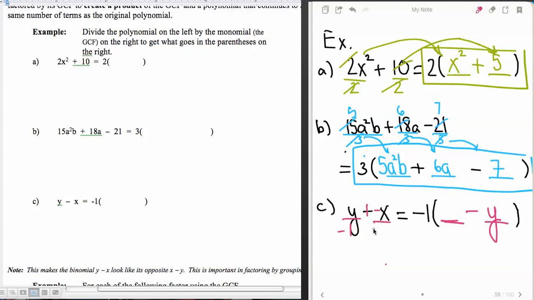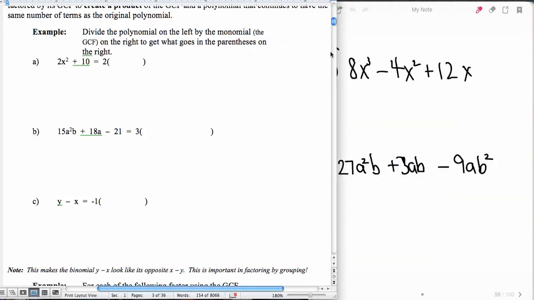Then -x divided by -1 gives me a positive x. Now I've written a subtraction problem where the x is first and the y is second, and I did that by factoring out a -1. That's changing the signs of the terms, and it's really important to be able to do that because we'll need it in some of our factoring strategies later.